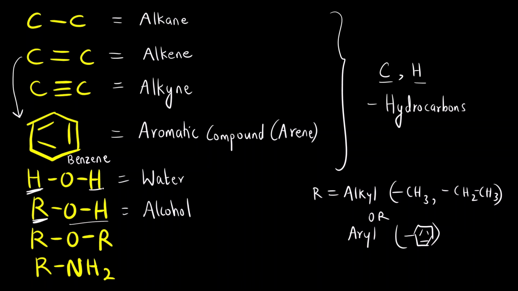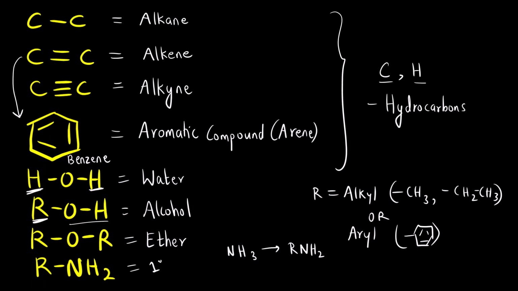Next, if I replace both hydrogens of water with R groups, then this is called ether. Now, these are derivatives of ammonia. What is ammonia? Ammonia is NH3. If I remove one hydrogen of ammonia and add an R group, I will get RNH2.